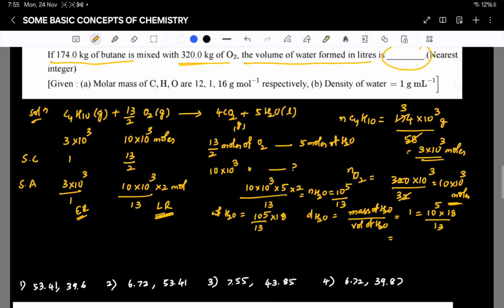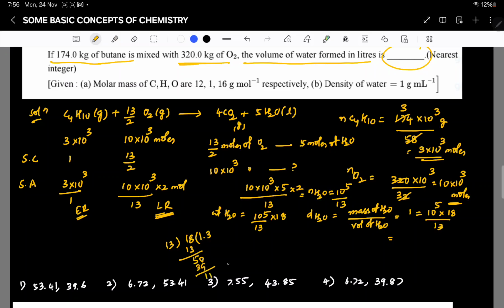We will do one thing, student, 13 by 18. 13 1 ja 13, so the remainder is 5, student, right? 13 4 ja 52, 13 3 ja 39.